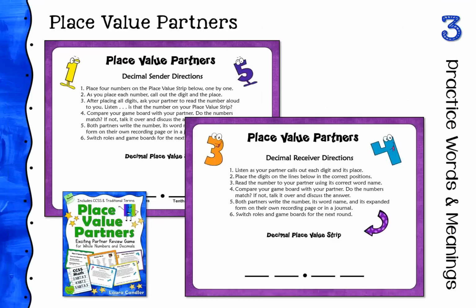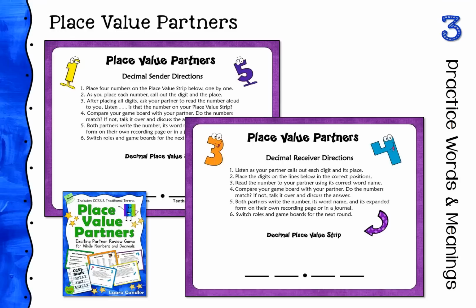So when I created this Place Value Partners game, I have decimal directions, and then I have various levels of play going down to, I think, just 3-digit whole numbers for younger kids, and then there's the decimals. There are also 2 variations of this game.